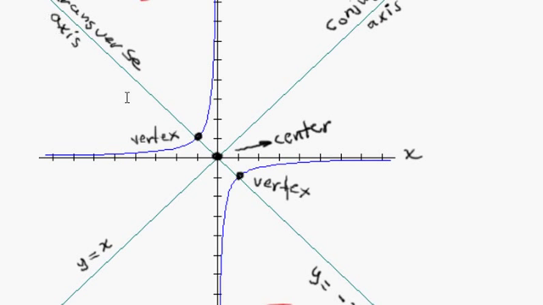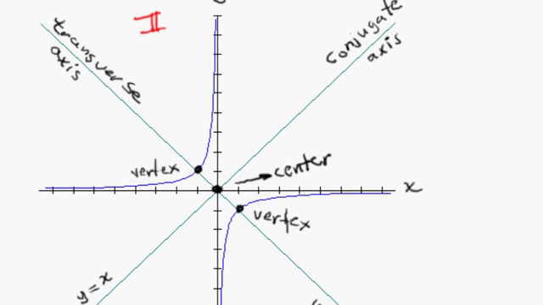My transverse axis of symmetry goes through the vertices and the center. My conjugate axis of symmetry is perpendicular to that, going through the center. Those two lines of axis of symmetry we can fold it on. And you can reason out where the vertices are if it's in quadrant 2 and quadrant 4. In quadrant 2, we've got to go left, which is a negative x value.